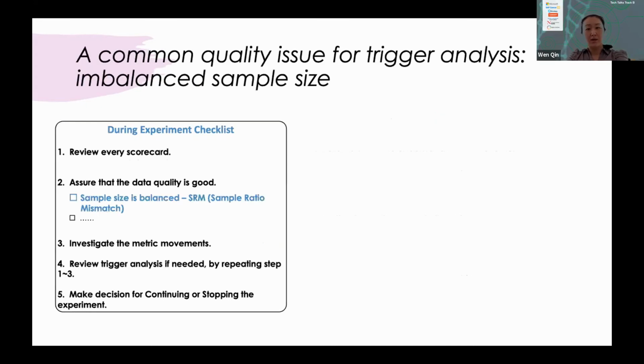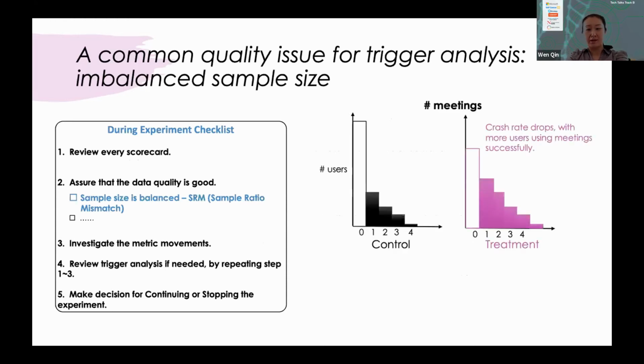A common data quality issue for the trigger analysis is the imbalanced sample size. We call it SRM, standing for sample ratio mismatch. Going back to your example, I just showed the distribution of the number of meetings per user for treatment and control. The white bars here stand for the users who never use meetings successfully, and they will be excluded from the trigger analysis.